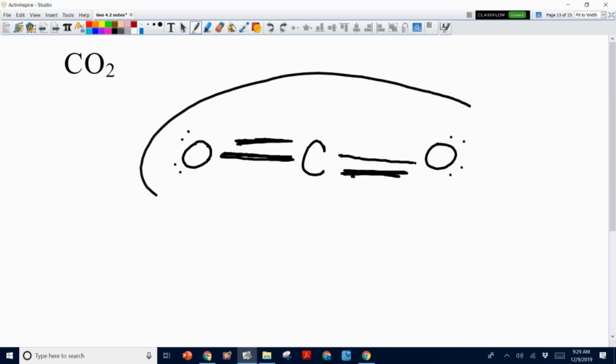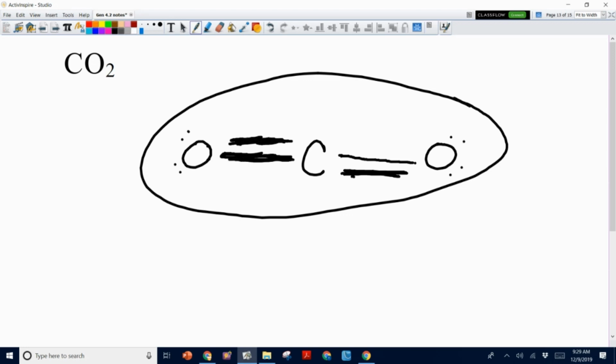So we get the same shape, but in the book and on tests, like if you were to take AP chemistry, it's going to show the movement of electrons, how they form these bonds, and that's what I just showed you there. But for tests that I give you, I'm just going to ask you the shape, and you can do that by using the NOS method, and it works every time.